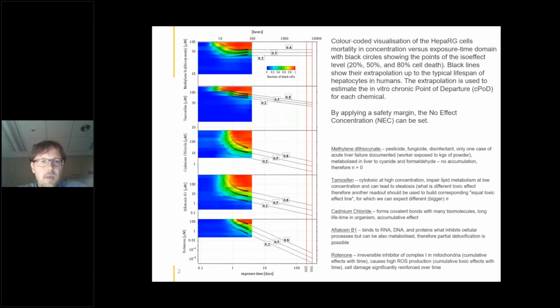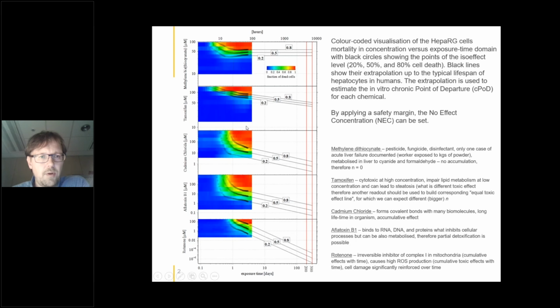So I go further. So in the image below, I was showing just the extrapolation of the IC50 value, but you can extrapolate your full concentration time responses, which is shown here for all 5 chemicals. So on top of 0.50, we extrapolated also 0.2 and 0.8, which corresponds to the cell death 20% and cell death 80% for all 5 chemicals.